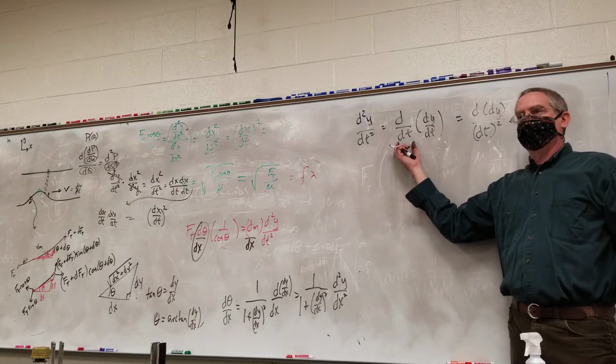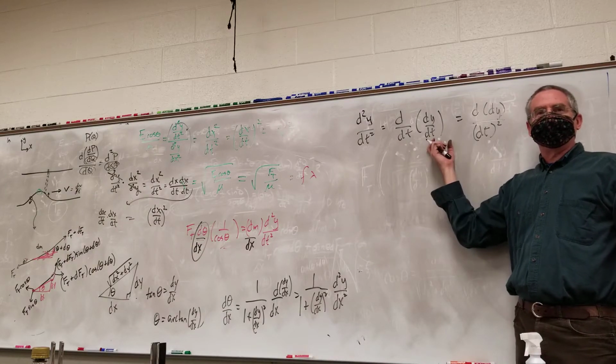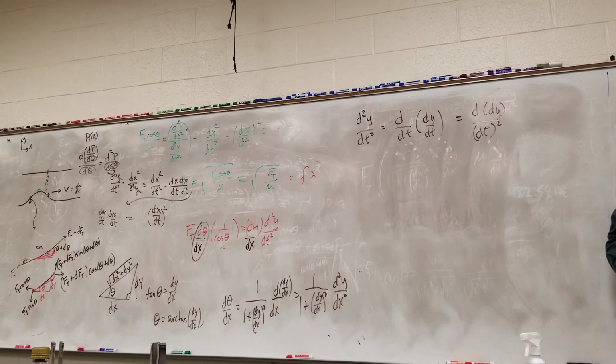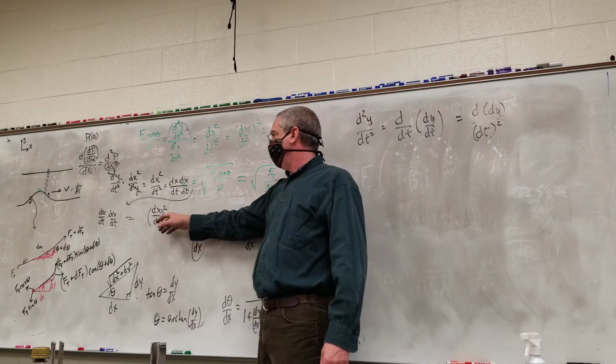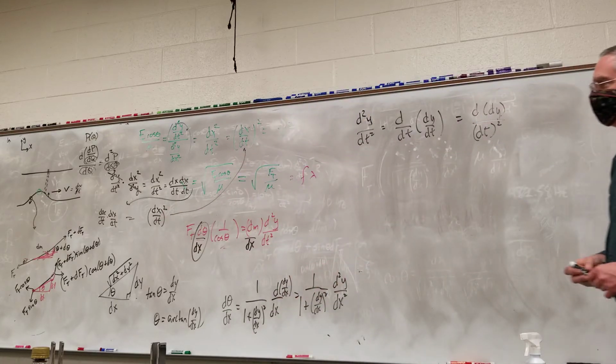I guess it's delta t as delta t goes to 0. But it'd be delta t times delta t, which is still delta t squared. And then from here, that's basically what I have right there.